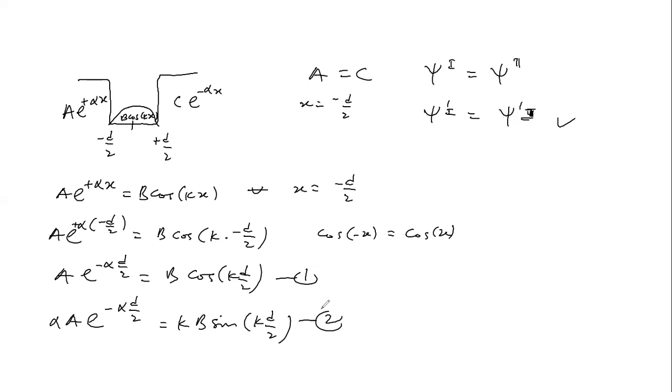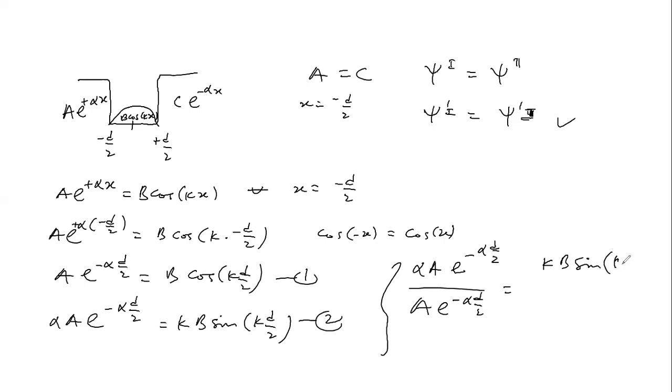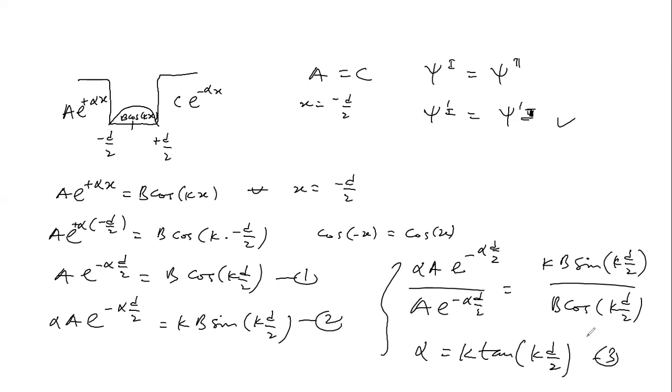And from these two expressions, if we combine them, we are going to get αA E^(−αd/2) over A E^(−αd/2) is the same as kB sin(kd/2) over B cos(kd/2). And this is going to give us α to be the same as k tan(kd/2). Okay, this is our third equation.